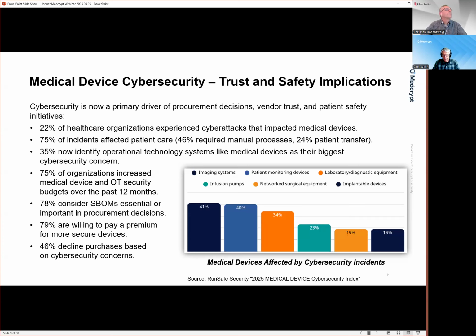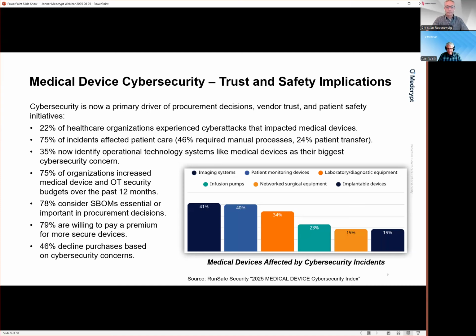And yes, it was recognized as an important topic, but I think what we have seen recently is really a significant change in attitude and in recognizing the seriousness of the topic, as in 22% of healthcare organizations now reporting that they have experienced a cyber attack on their medical devices. 75% reporting that it has affected patient care, either requiring transfer of patients or requiring fallback to manual processes.